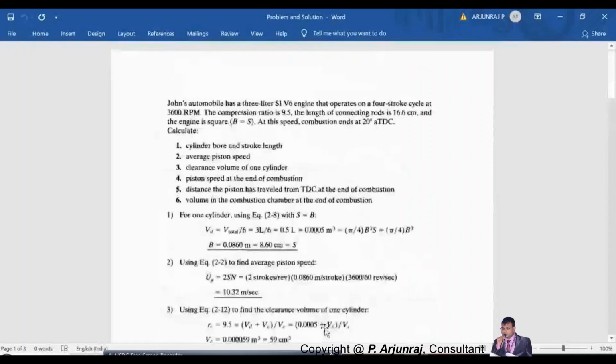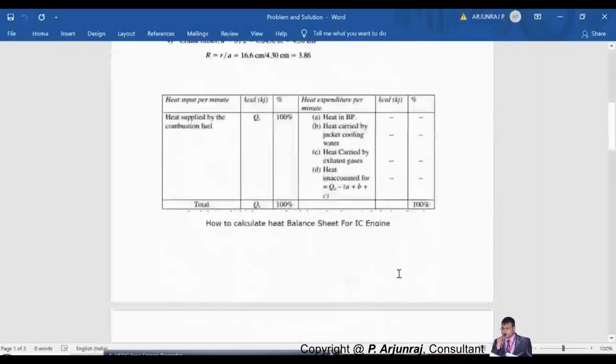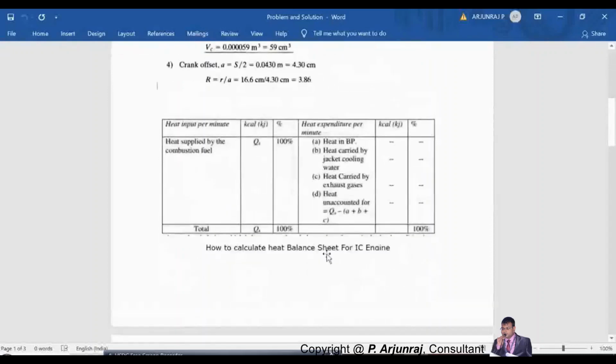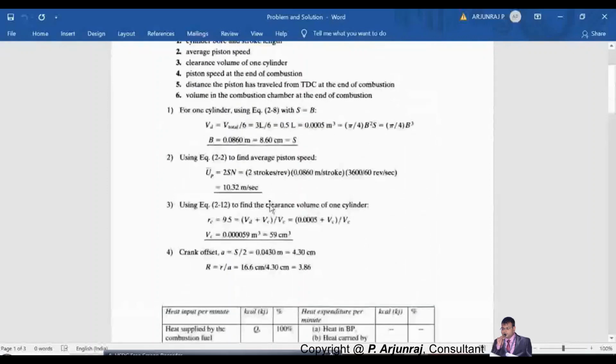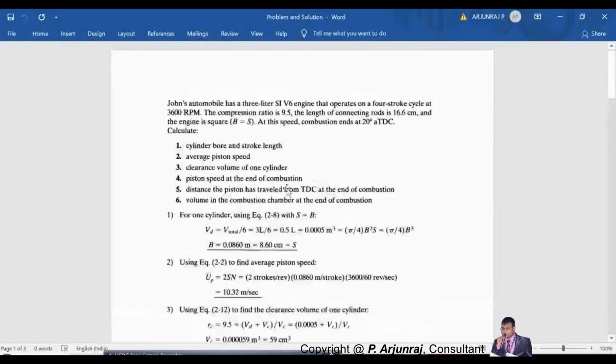And here you also need to calculate the heat balance sheet. So you will get the answer for the first 4.